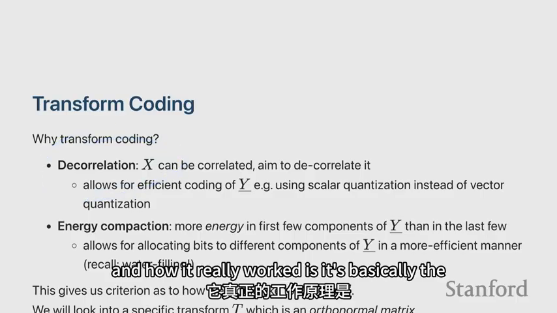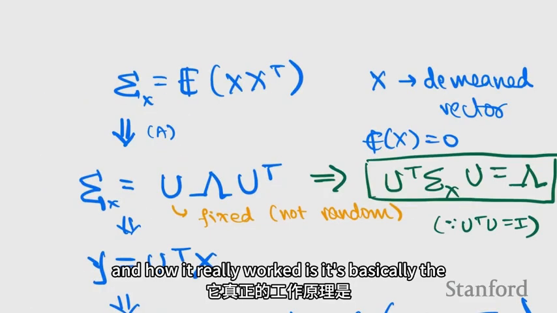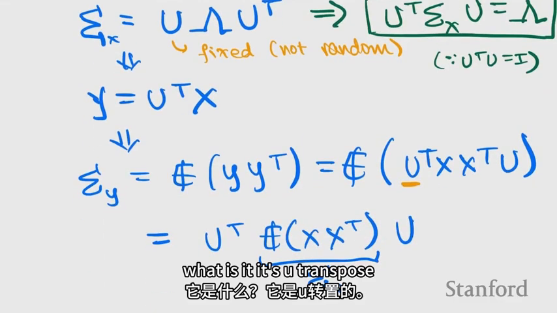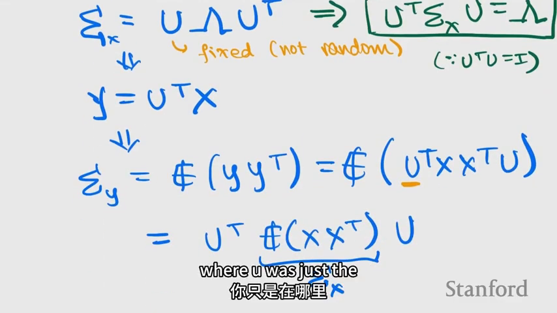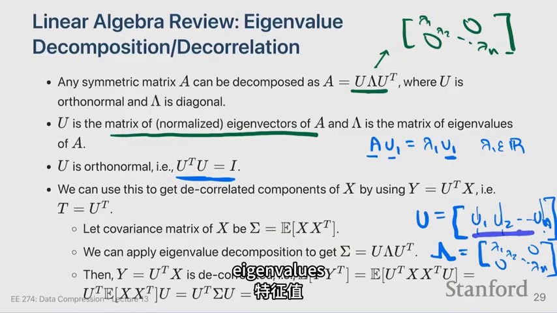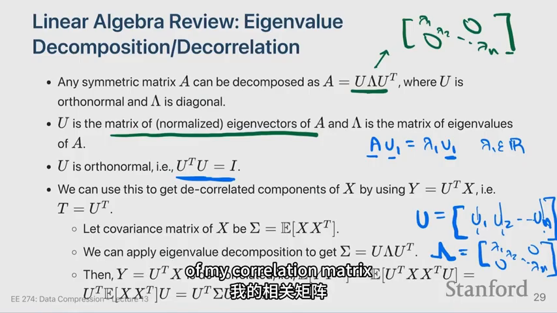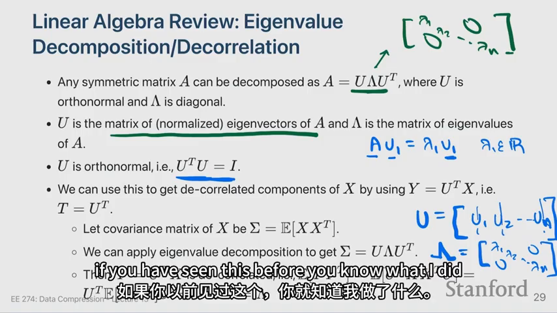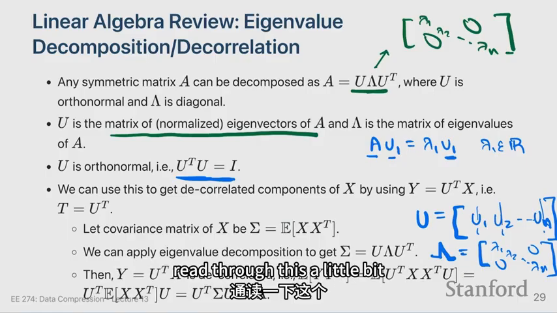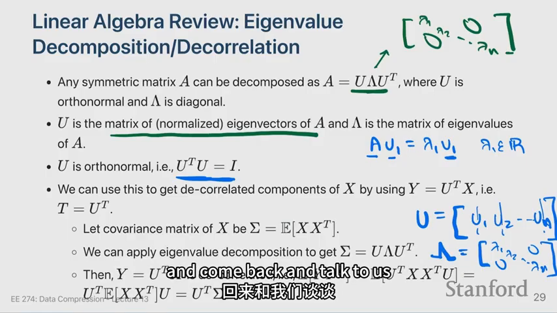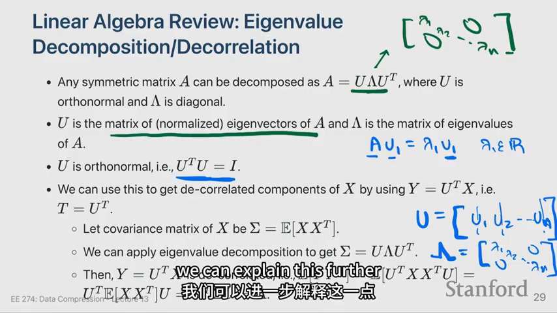And how it really worked is it's basically U transpose, where U is just a matrix made of eigenvectors of my correlation matrix. If you have seen this before, you know what I did. Otherwise, just go home, read through this a little bit and come back and talk to us. We can explain this further.